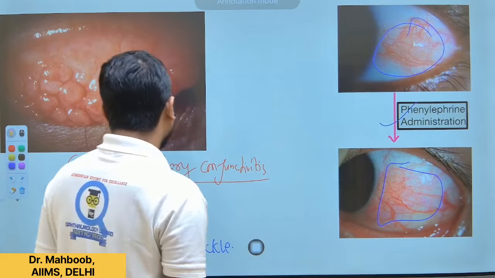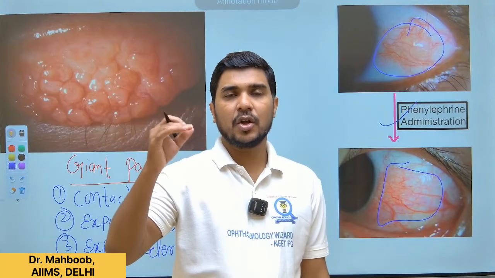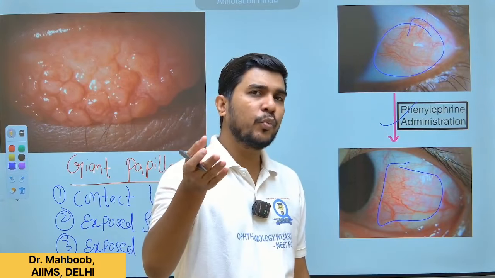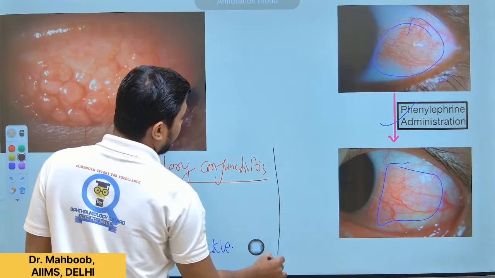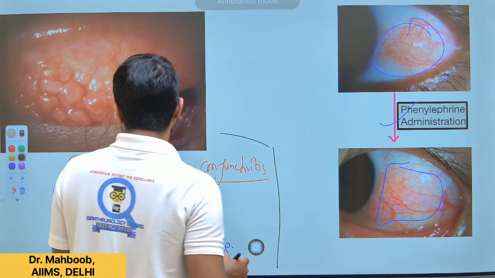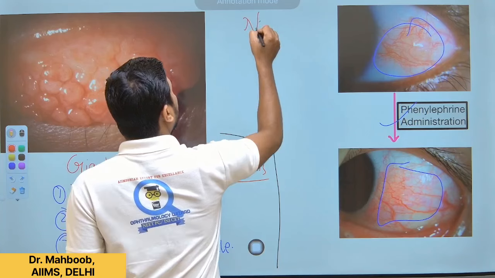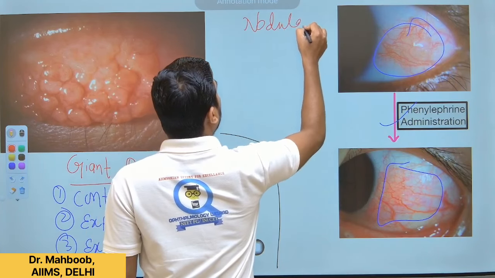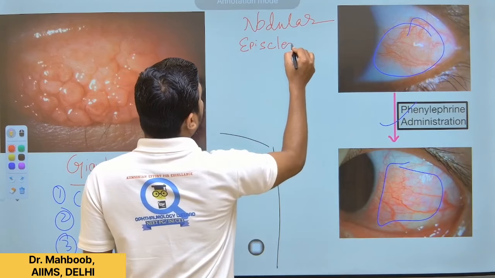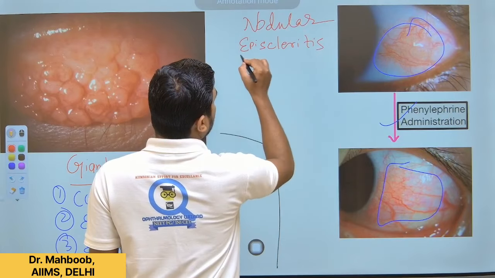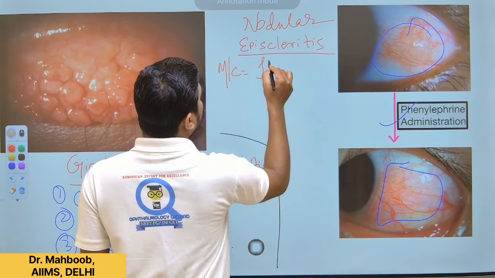When on phenylephrine administration the lesion is going, the nodular thing is going, then which condition is this? This is giving a diagnosis of nodular episcleritis, and the most common cause is idiopathic.